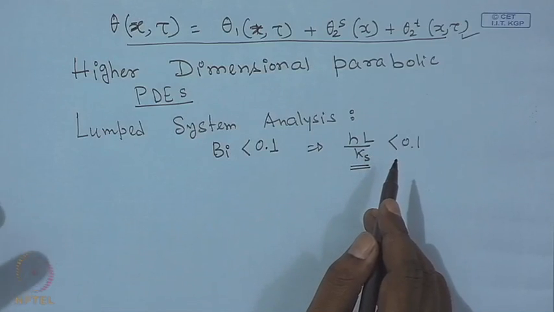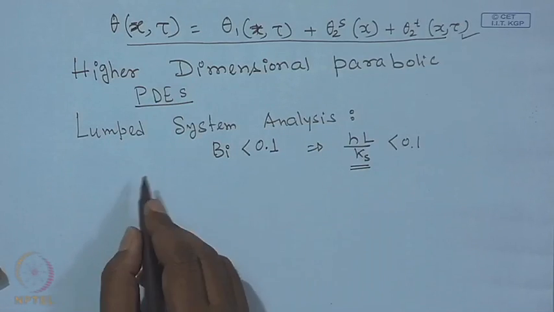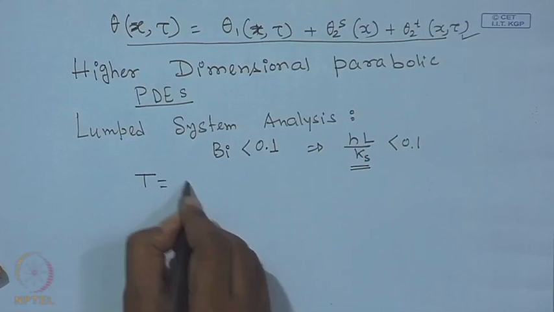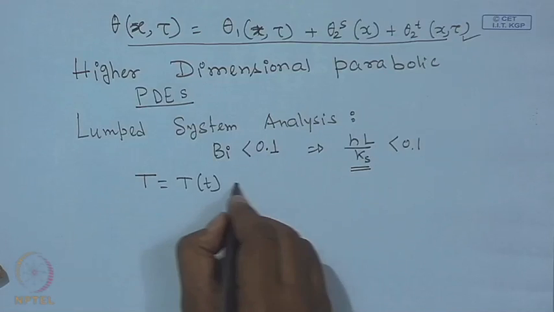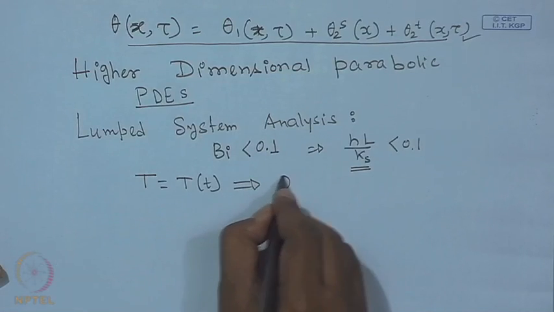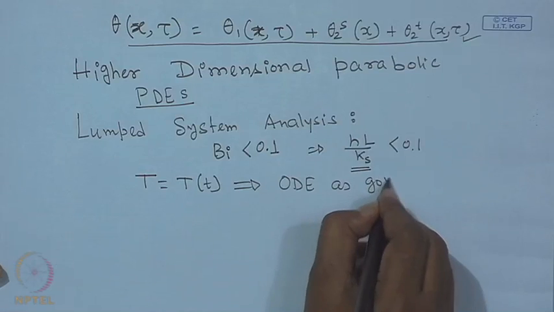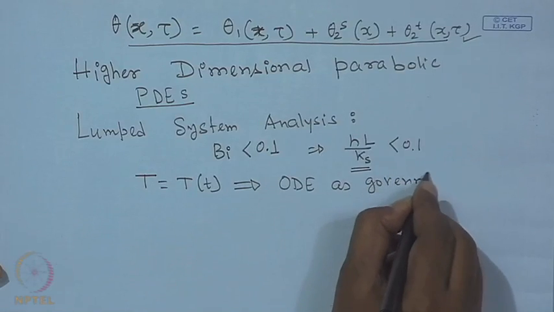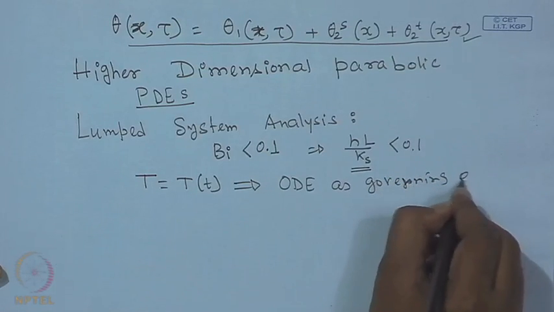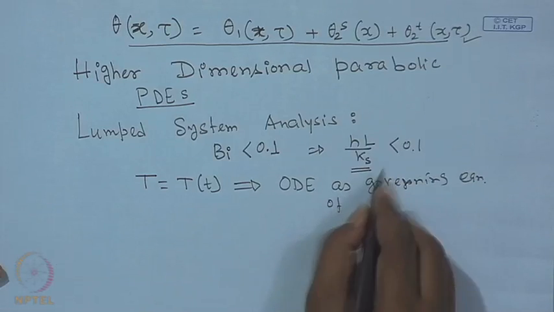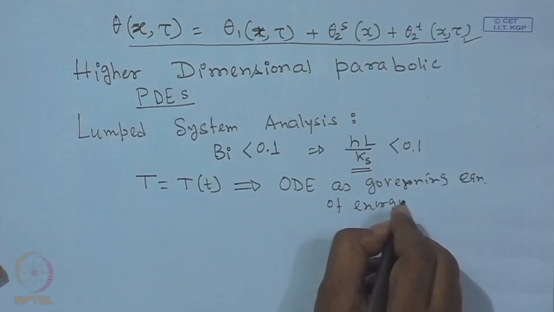Therefore, in this case, the whole solid mass can be treated as a lumped mass, and the temperature will be a function of time alone, and you will land up with an ordinary differential equation as the governing equation of heat balance, of energy balance of the system.